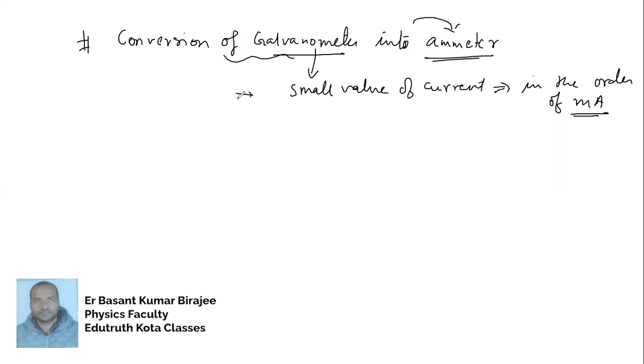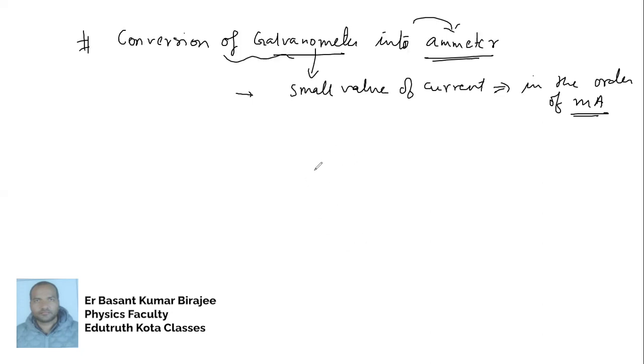So our objective is to allow a small amount of current through the galvanometer, so that it won't get damaged, and we should still be able to measure the actual current. So how to do that? Let's study.